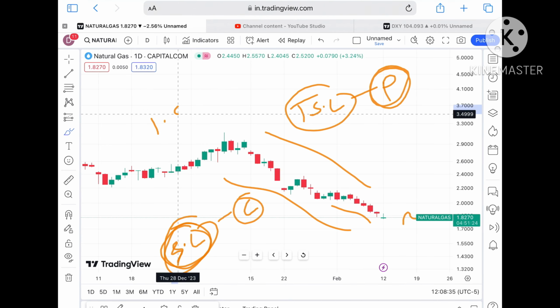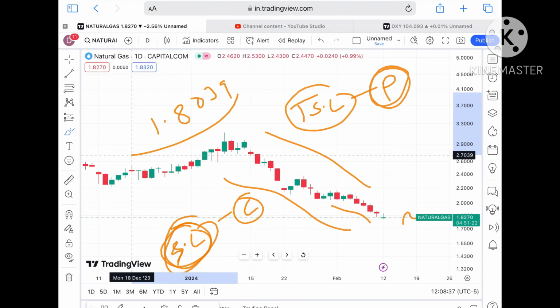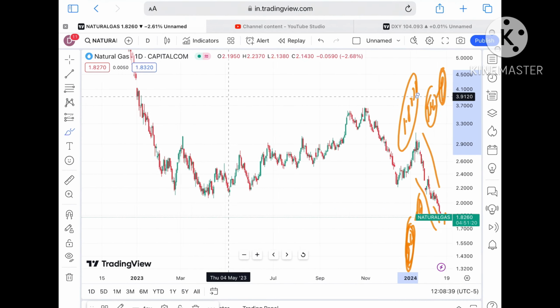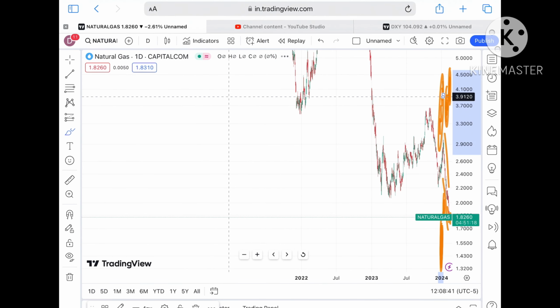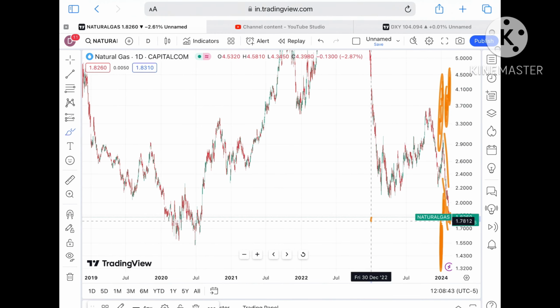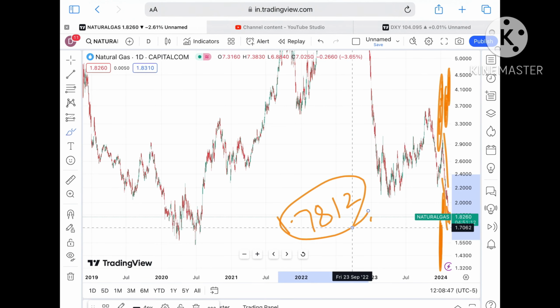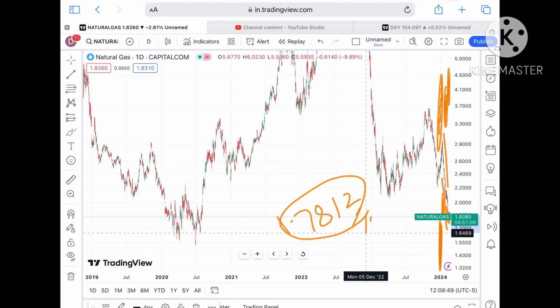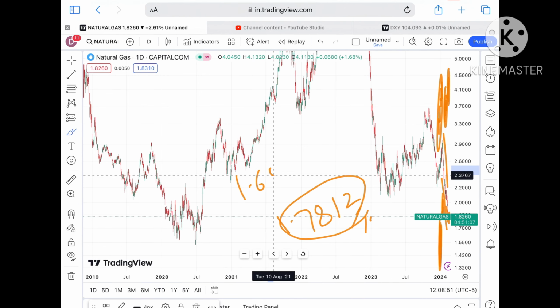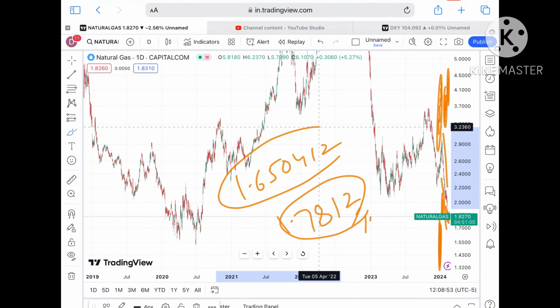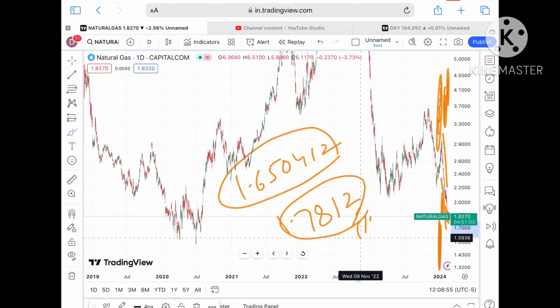So if the price doesn't sustain, it can come down again towards a level of $1.8039. Okay, and if the price starts falling below that particular zone, a further downfall we can see towards a level of around $1.7812. Okay, if the price starts falling below $1.7812, we can see a level of $1.650412.